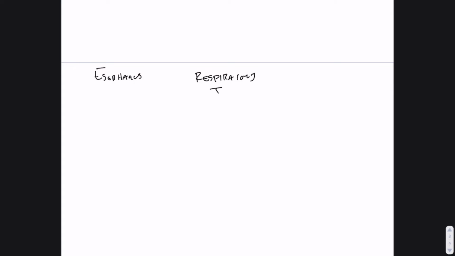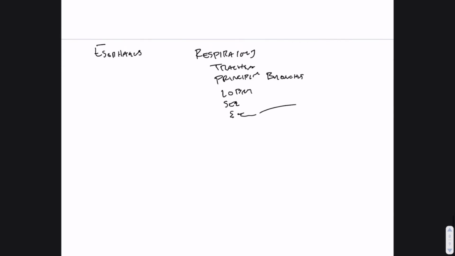So that could mean like the trachea, principal bronchus, lobar, segmental, etc. So to supply these, you have to kind of think, where are they? The esophagus is right next to the aorta, which means it's posterior.